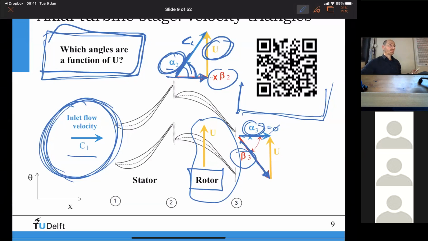The question to you now is, which angles are changing as a function of u? Let me see if you are participating here. Okay, still wait a bit.